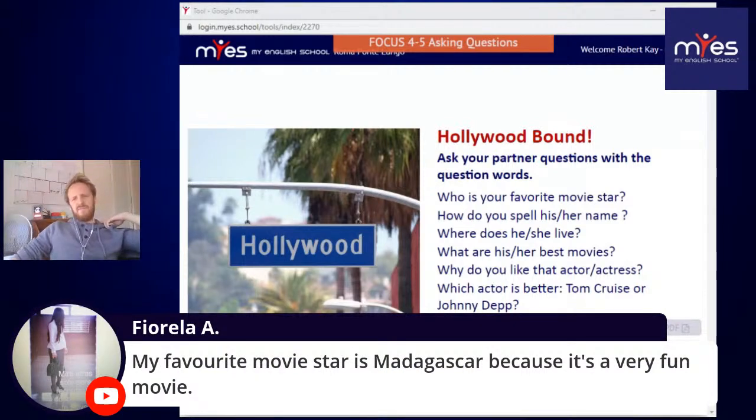Okay, so this is a type of movie, but a movie star is an actor, or actress. So a movie star is a famous actor or actress. So your favorite movie is Madagascar. Perfect. I love Madagascar. But a movie star would be the actor.